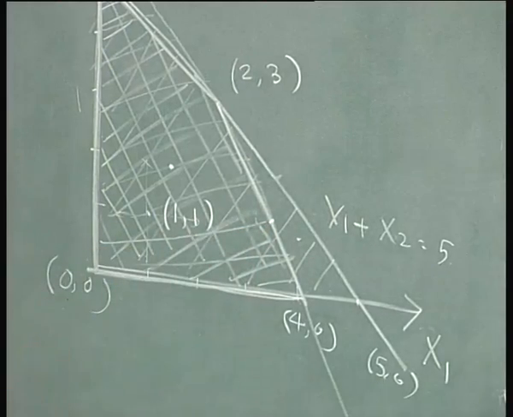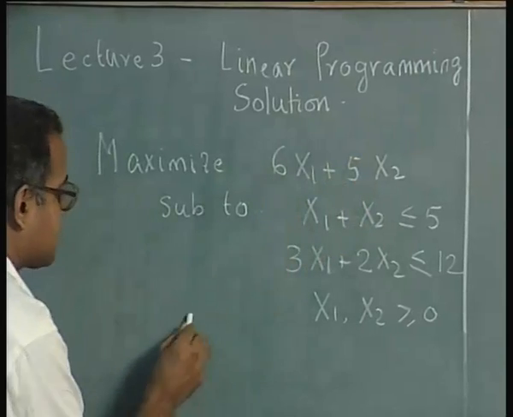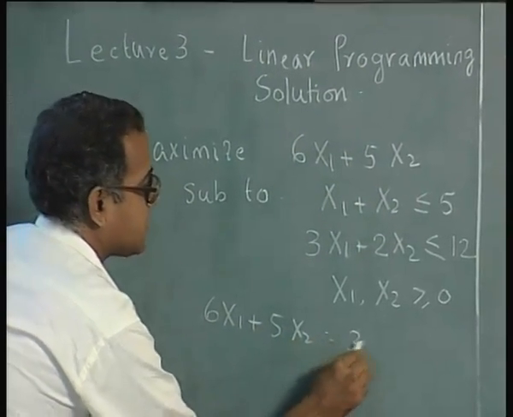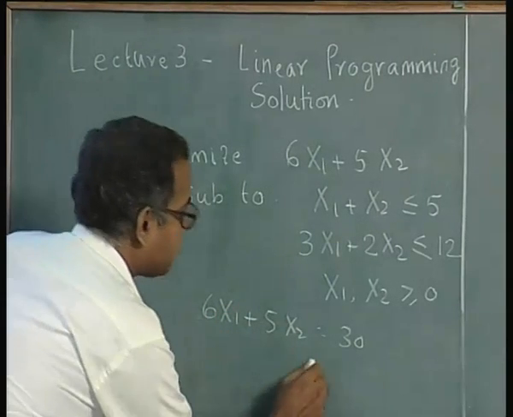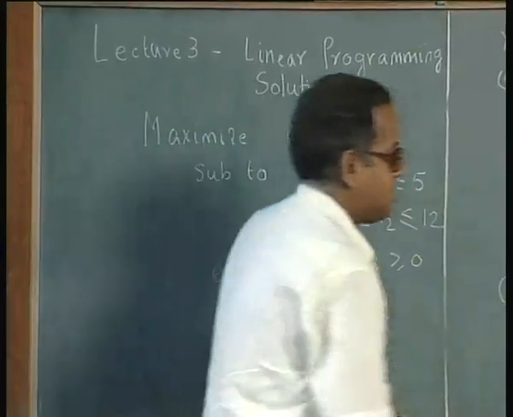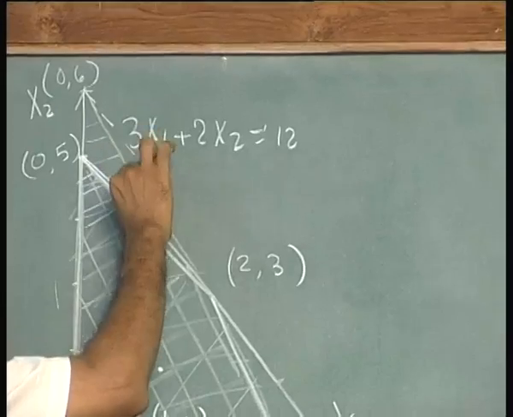For example, if we try to draw the objective function line 6x1 plus 5x2 equal to some number like 30, a convenient number, then we end up getting 2 points: 5, 0 and 0, 6. This is 5, 0, this is 0, 6.